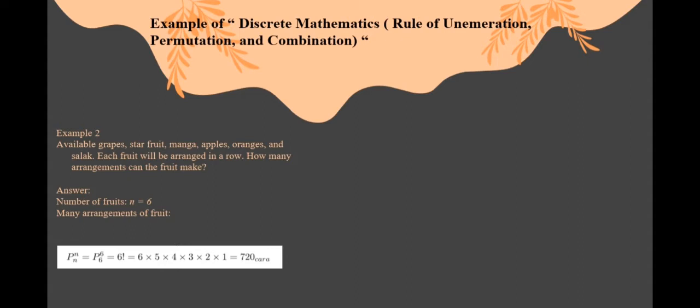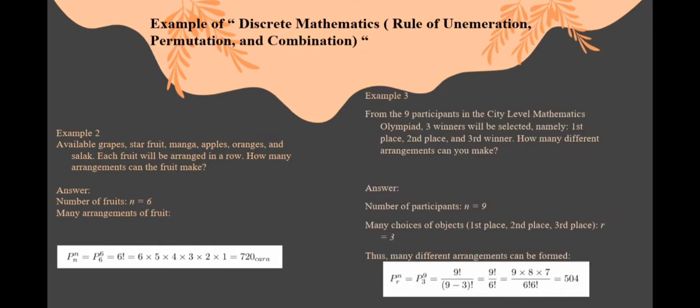The number of arrangements of fruit is n permutation from n, which is 6 factorial equals 6 times 5 times 4 times 3 times 2 times 1 equals 720 ways.